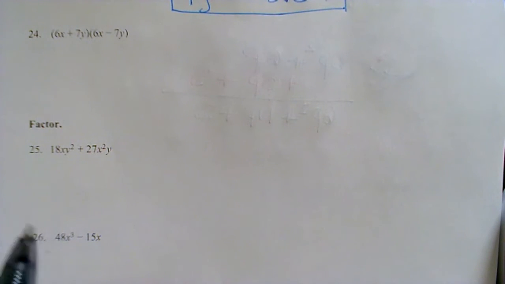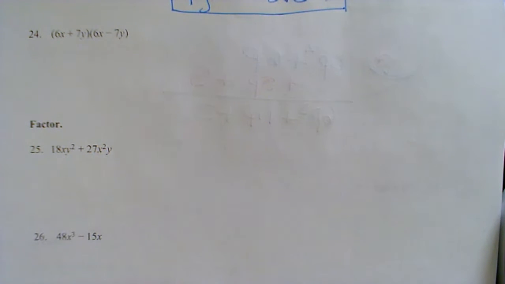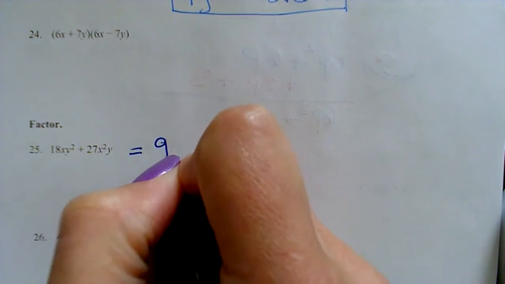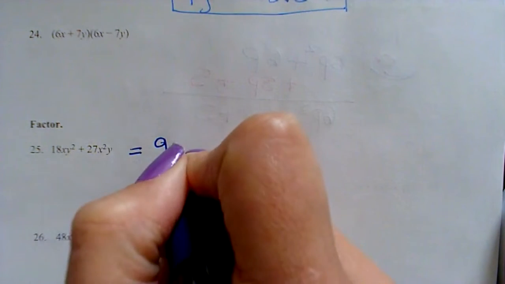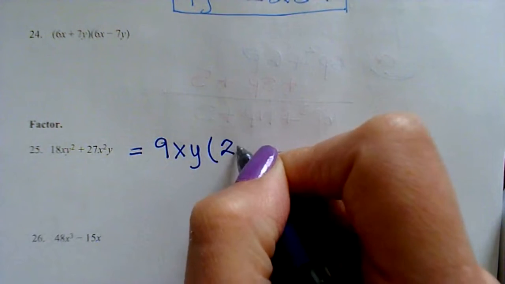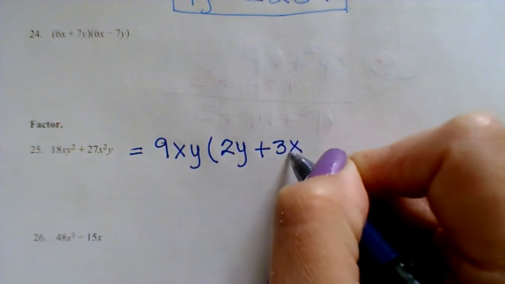Okay. They're asking me to factor this one. So between the two, I could factor the 9. I can factor 1x and 1y. I have a 2 left and a y, and I have a 3 left and an x.